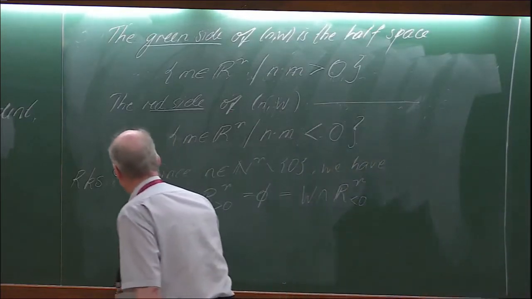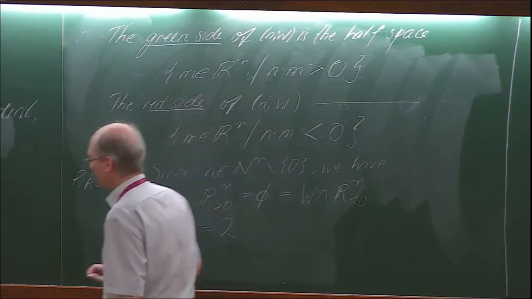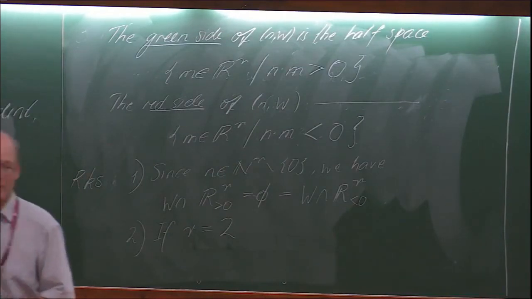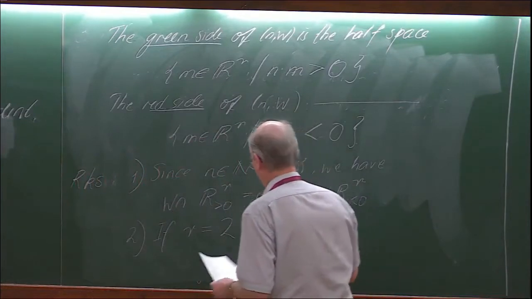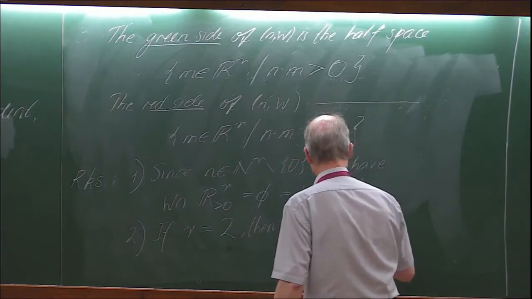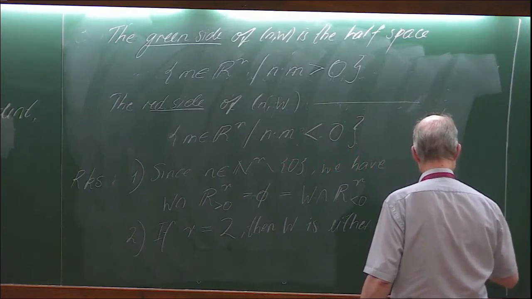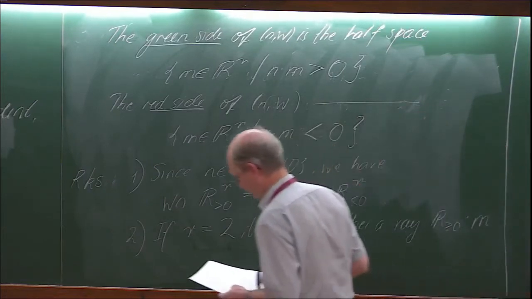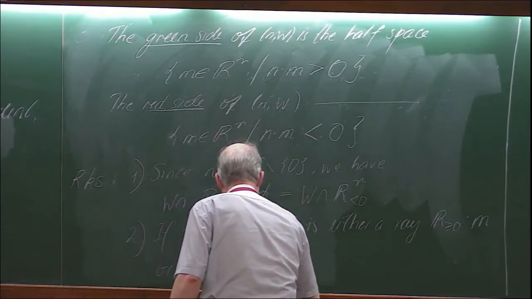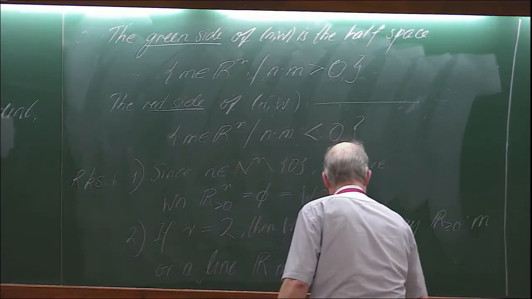And what happens if the rank equals 2? Well, if the rank equals 2, then such a convex polyhedral cone is either a ray or a straight line. W is either a ray R≥0 m or a line R m for some non-zero m.